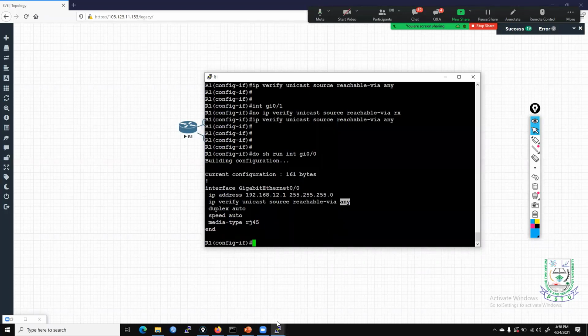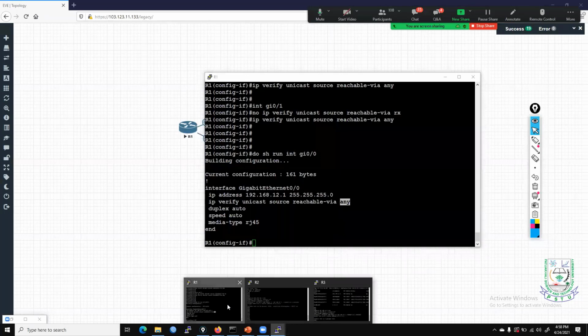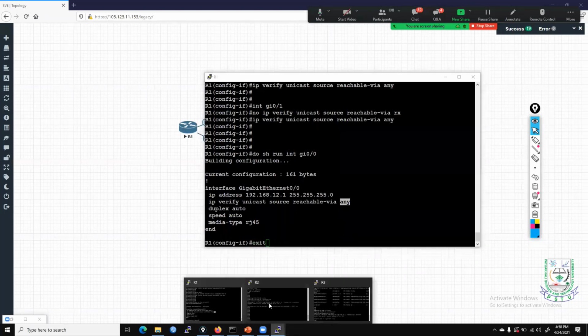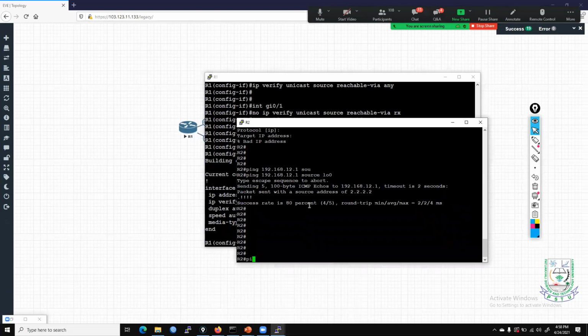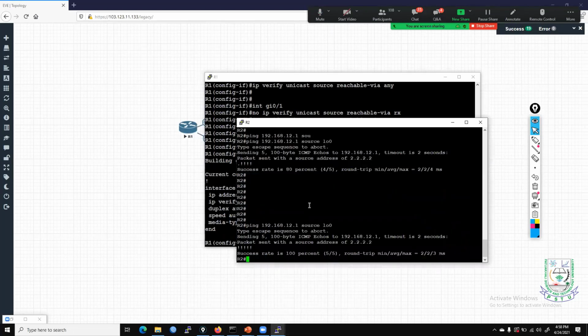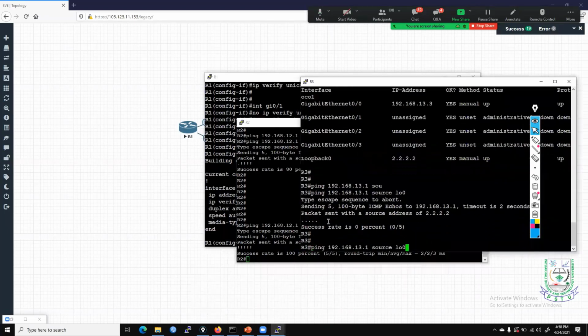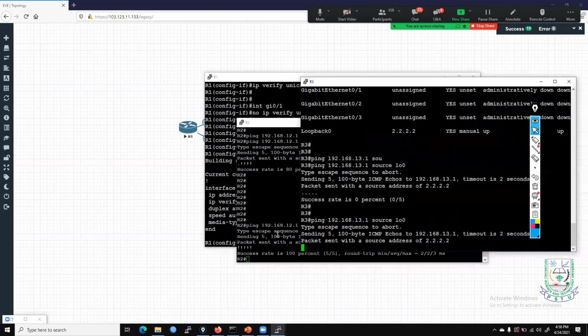So if you now ping from R2, you see it's getting a response, and also from R3 we are not getting that.